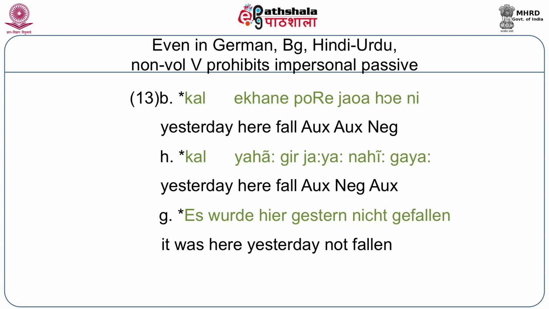"Kal yahan girjana nahi hua" or "girjaya nahi gaya," whichever way you want to say the ungrammatical sentence. And Bangla does not allow you to say "kal ekhane pore jawa hoyni." Thus, impersonal passivization is connected to the phenomena that we watched in the case of quantifier postposing with bare objects that we have looked at earlier.